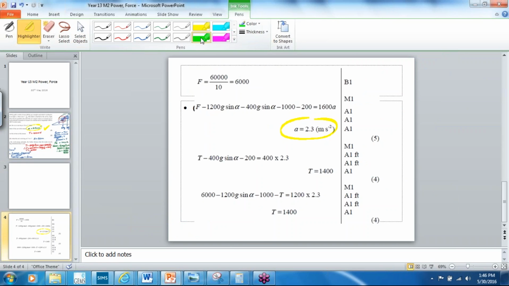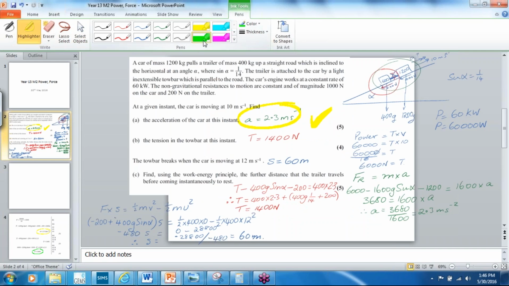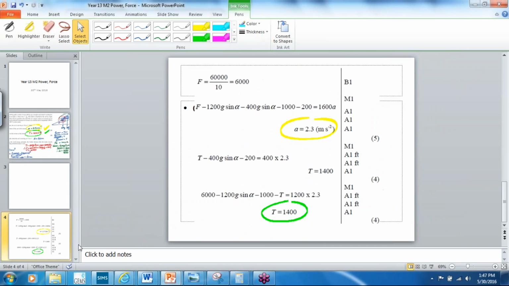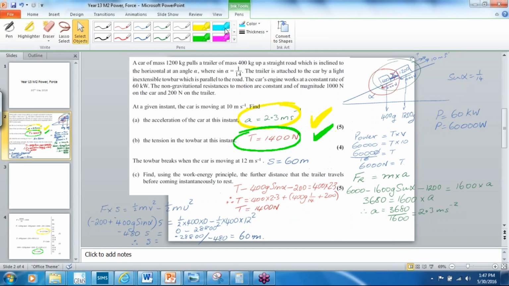Part B, they've said the tension just on that 400 kilogram system will be 1,400, so we're correct. And part C, let's just go down to the next slide. Oh, didn't I put that in? All right, so part C, we'll just have to have a look at the marking scheme.